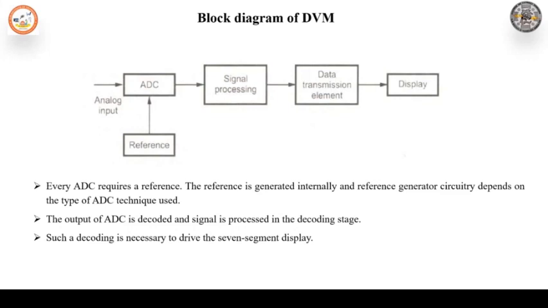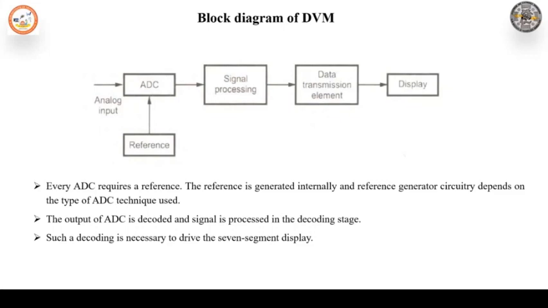Okay. So every ADC requires a reference. The reference is generated internally and reference generator circuitry depends on the type of ADC technique used. The output of ADC is decoded and signal is processed in the decoding stage.